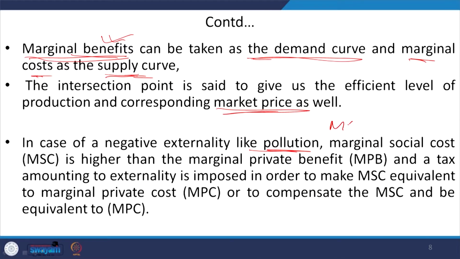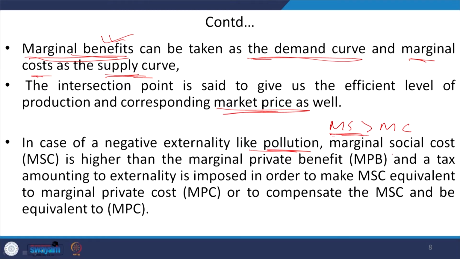And again, we have already understood that in case of a negative externality, like emission or pollution, the marginal social cost is obviously much higher than the marginal private cost, right. Also, this marginal private cost does not take into account externalities.